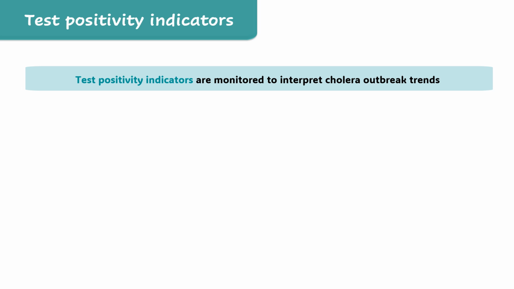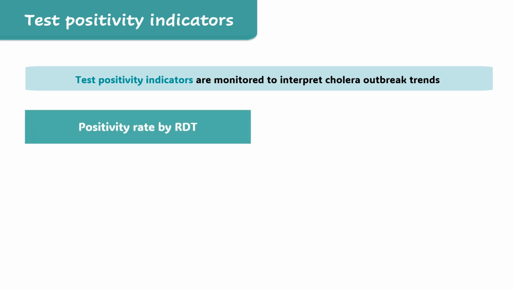Test positivity indicators are calculated and monitored at the surveillance unit level or lower level as part of the weekly data analysis. Weekly values are compared with previous weeks and with cumulative values. Monitoring test positivity indicators is insightful to interpret the cholera outbreak trends.